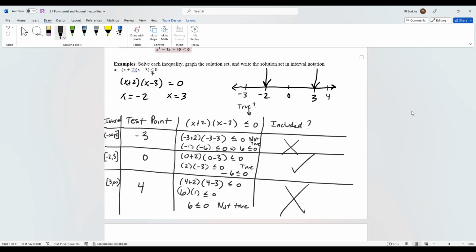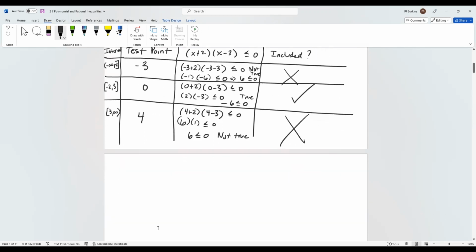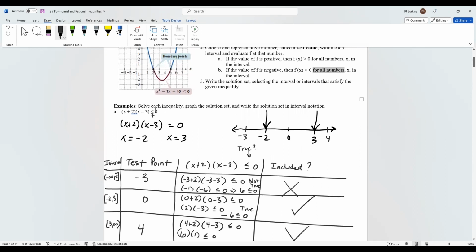So the solution set is only from -2 to 3. And again, we are including those because the inequality was less than or equal to.